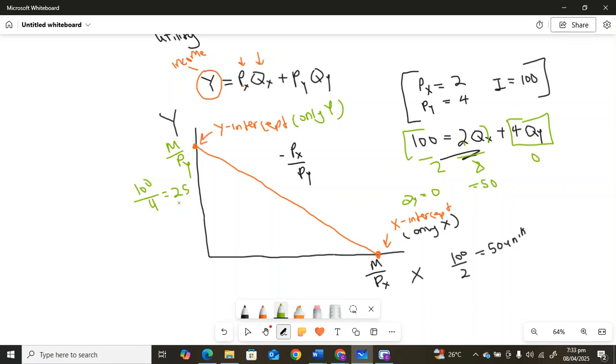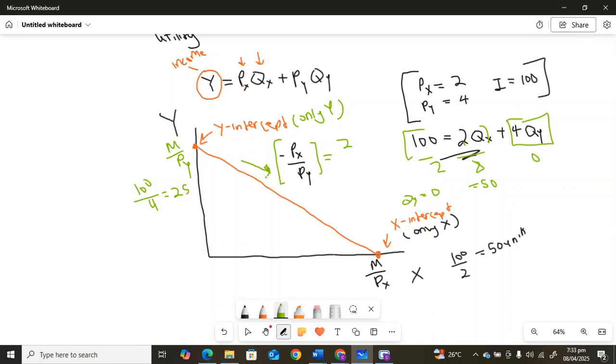Now we can go to the slope. Okay, this is the formula for the slope, negative px over py. If we use the information from this question here, px is 2. So here, this negative sign, that's why we have a downward sloping curve.